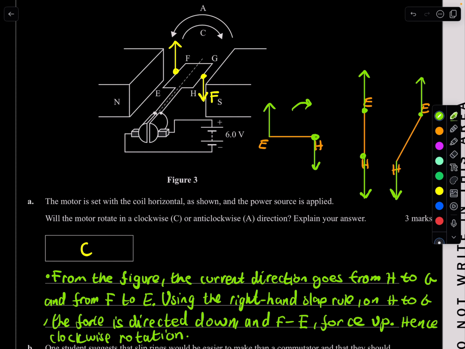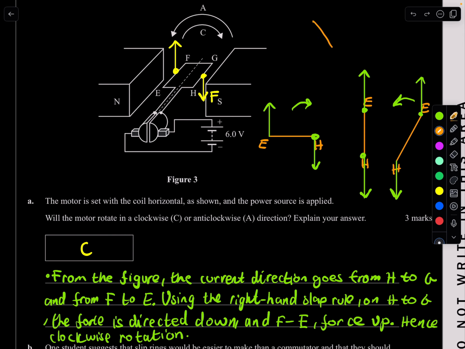And so you know what will happen? It will oscillate between the directions. It will rotate anti-clockwise, and then again in this direction, and it's just going to oscillate between the positions, and at the end, it's just going to stop at the vertical position. And that's why it's not useful to use a slip ring. It really does not create a continuous rotation.